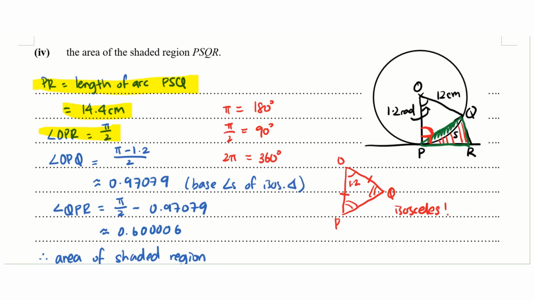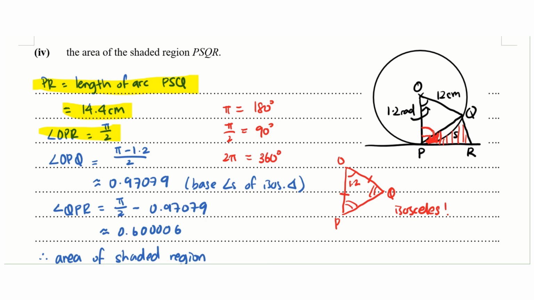After I find angle OPQ, I will then be able to find the next angle. Let me erase some parts here. Okay, this is the objective. Just now we mentioned that this is 90 degrees, which is pi over 2, and now we understand that this value for OPQ is about 0.97079. So for angle QPR, this section here, it will be 90 degrees minus that.